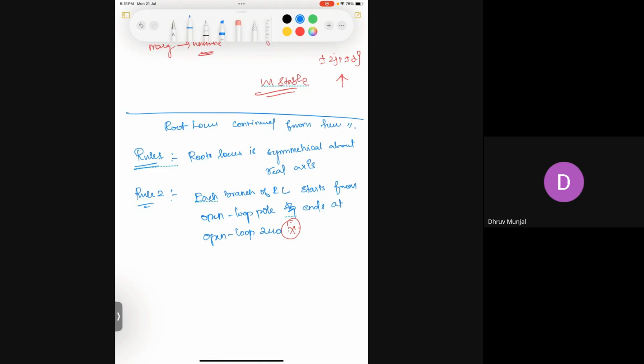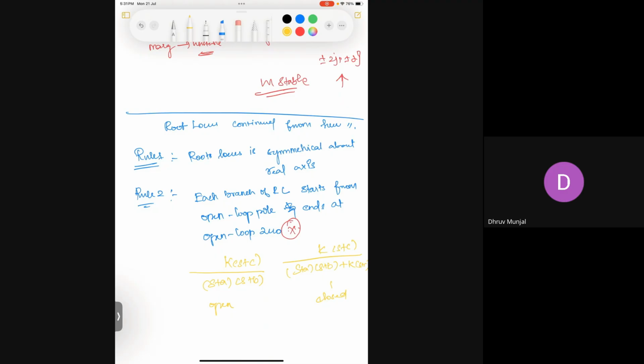Why does it start particularly from open loop poles and end at zeros? Why not from zero to pole? Because if you have a system like this, this is an open loop system. When you write the closed loop system, you will write it in terms of s plus a into s plus b, plus K. If I consider an s plus some c here, this will come in s plus c. So these are closed loop poles.